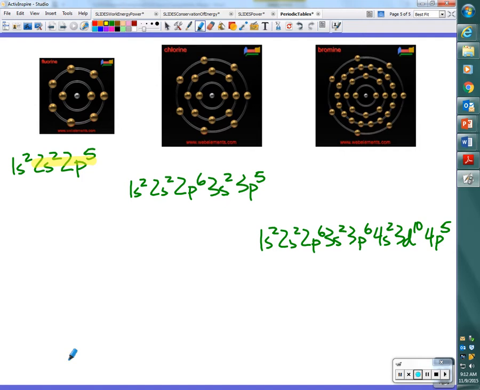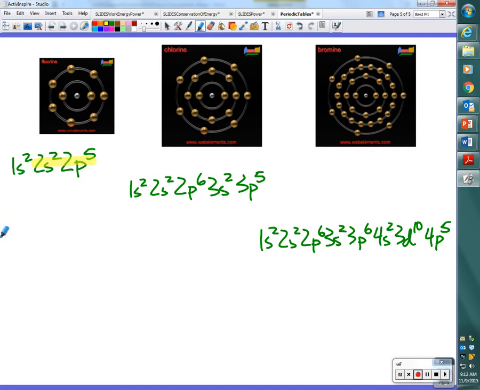So, fluorine has how many electrons total? 9, but how many valence electrons? 7. These two count, even though they are in an s orbital. Valence electrons are the highest principal energy level. Right? 2 is the highest principal energy level.